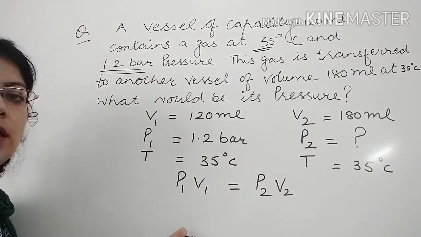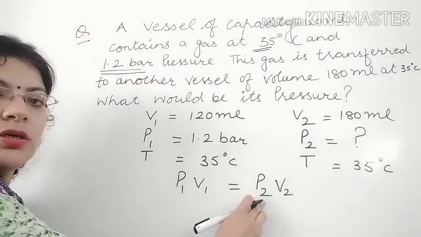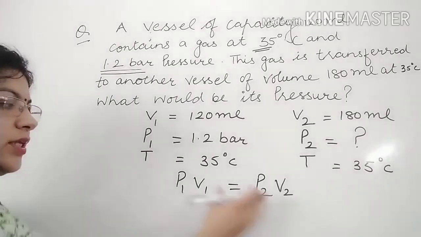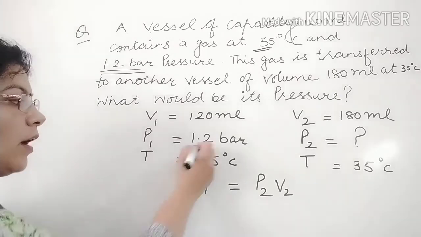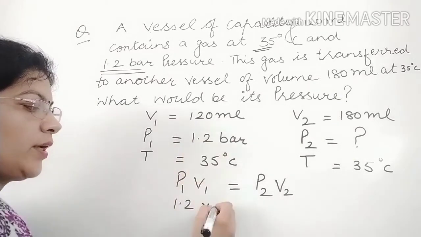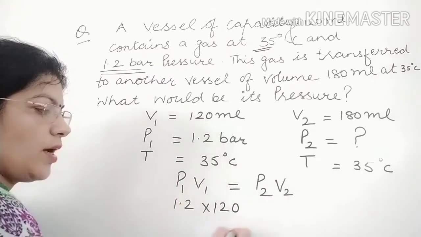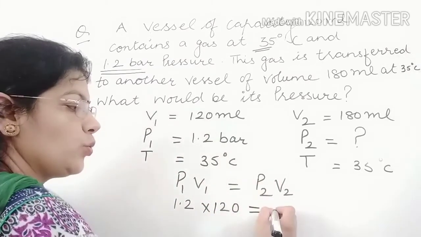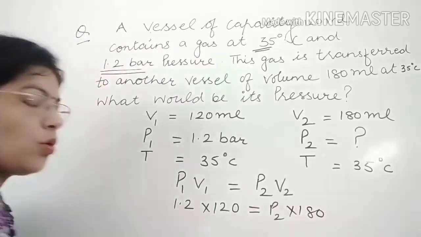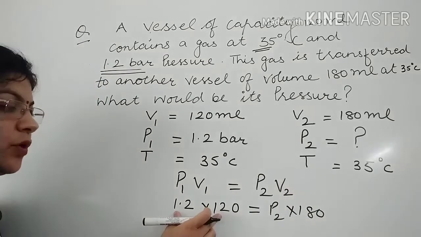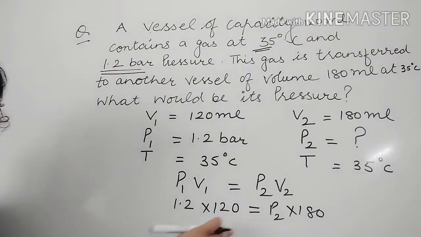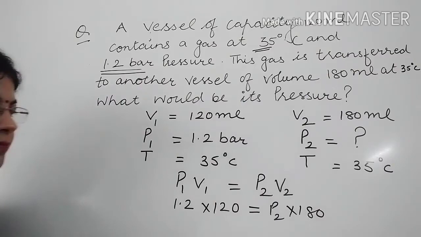We can easily calculate the pressure of the other vessel by putting in all these values. Here P1 is 1.2, V1 is 120, it is given to us, and V2 is 180 ml. So by dividing by 180, we can easily get the value of P2.